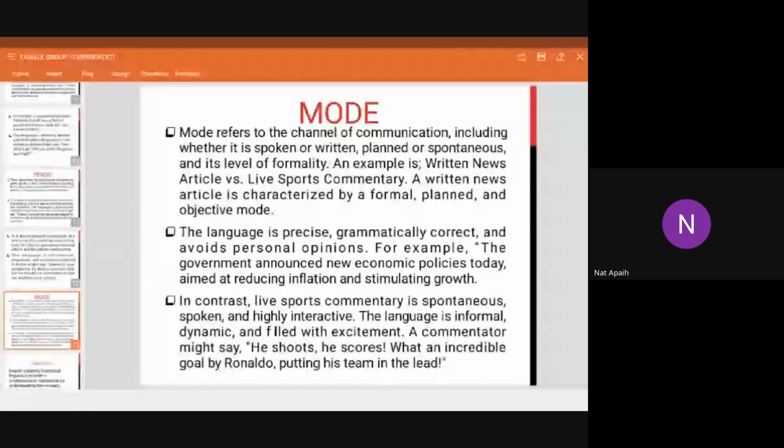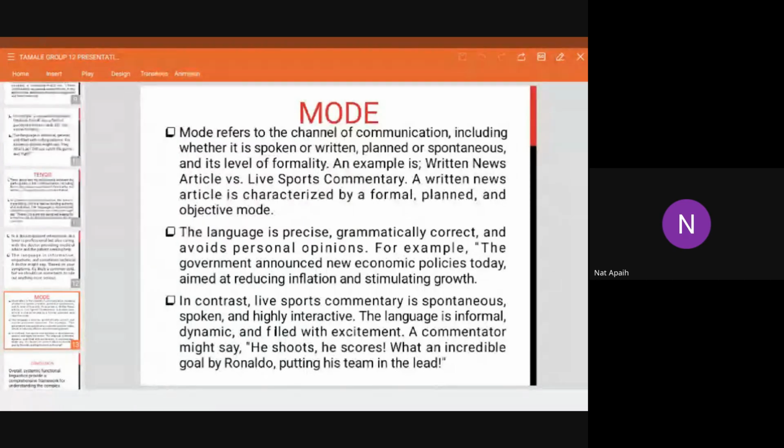An example is written news articles versus live sports commentary. A written news article is characterized by a formal, planned, and objective mode. The language is precise, grammatically correct, and avoids personal opinions.